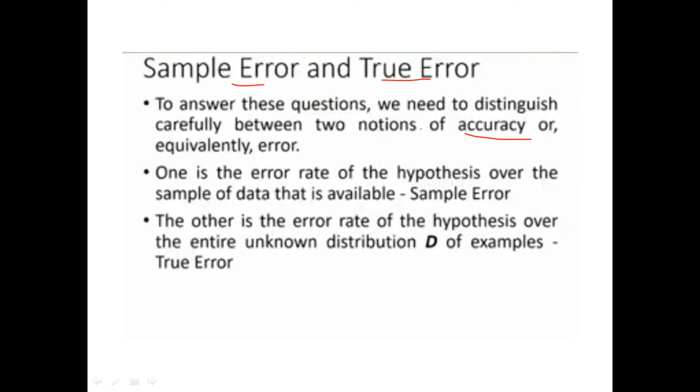The first one is called the sample error. What do you mean by sample error? It is the error rate of the hypothesis over the sample of data that is available. How much data you are having, that we call the sample error.